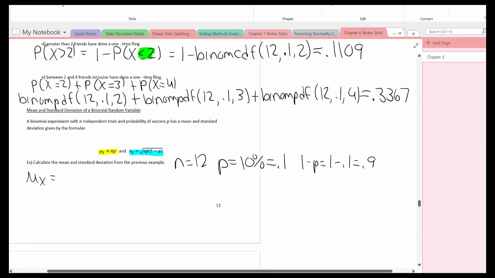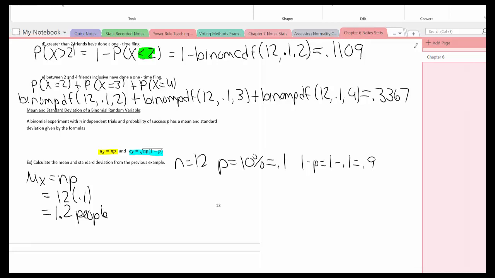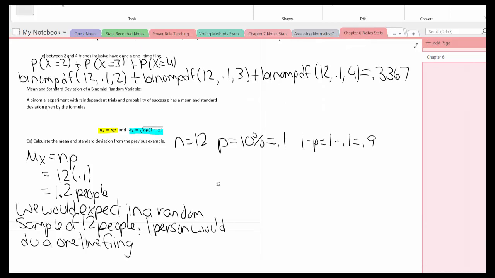So the mean is equal to n times p. n is 12, probability is 1/10. That's going to be 1 2/10 people. Don't forget to use your unit of measurement here. And now I'm going to write out an interpretation for this. So we would expect in a random sample of 12 people, about 1 person would do a one-time fling.